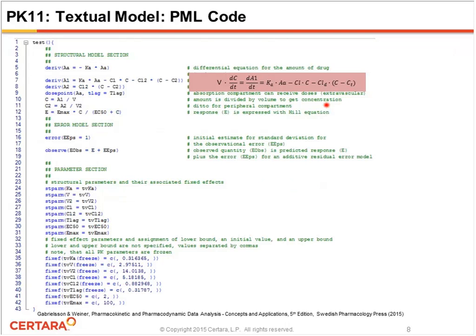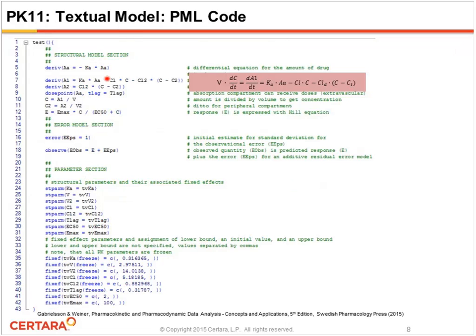So if we go to the textual code, it might be a little bit small to read, but hopefully you get the idea. This is the typical structure of a PML code. It comes with three parts: the structural model section, error model section, and parameter section.